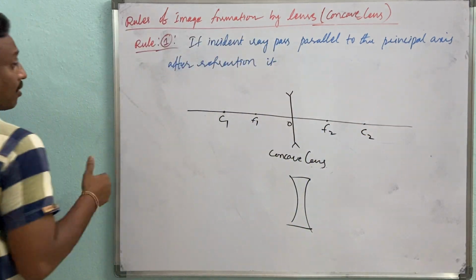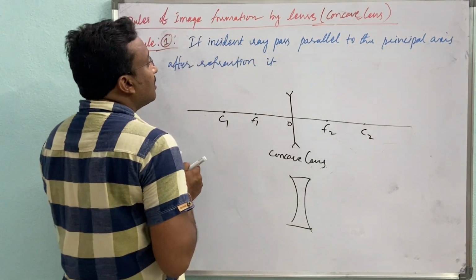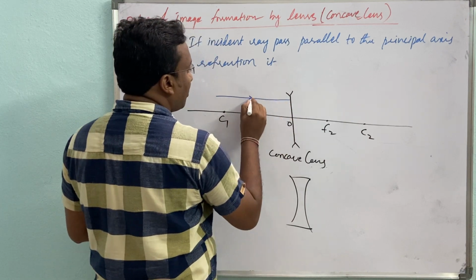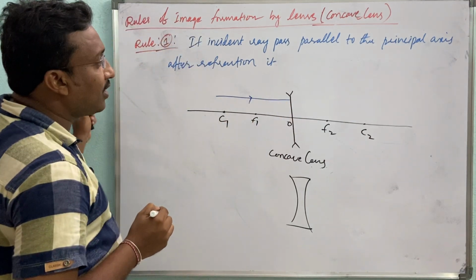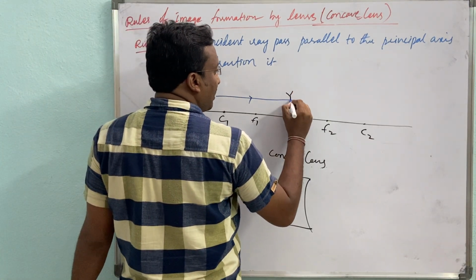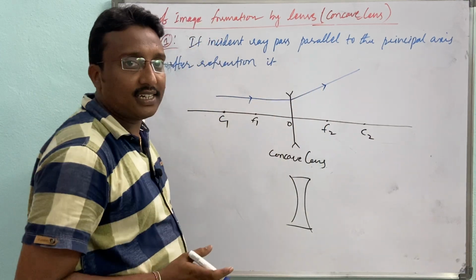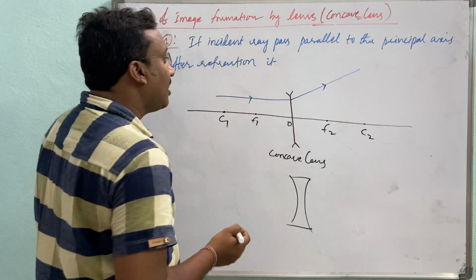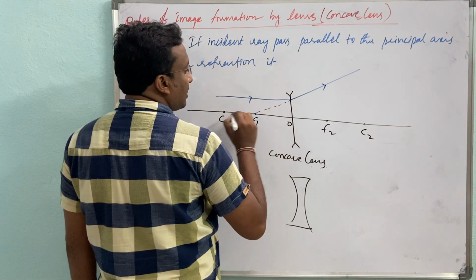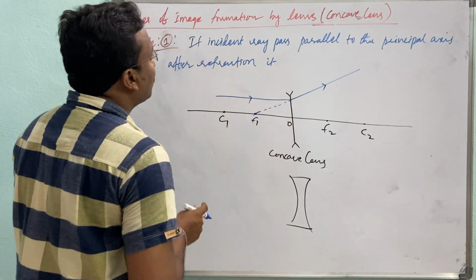Okay. Then, if the incident ray passes parallel to the principal axis, after refraction, it is a diverging lens, no? It deviates in different directions, right? So in such a case we have to extend it and it meets at a point, the focus. That means what do we have to write?